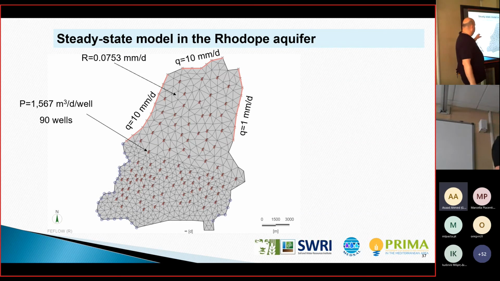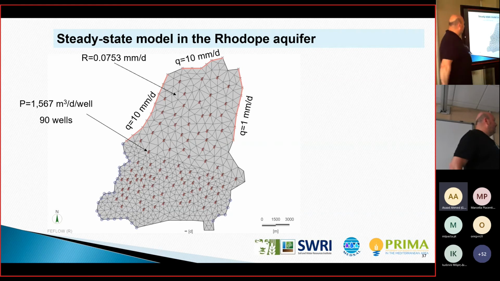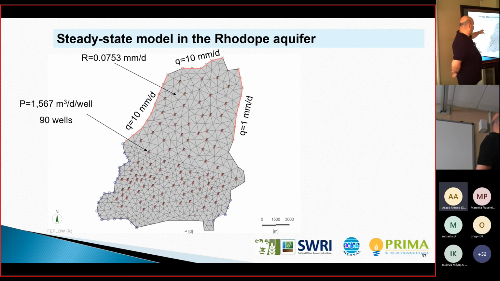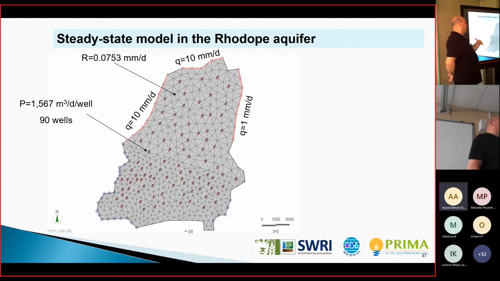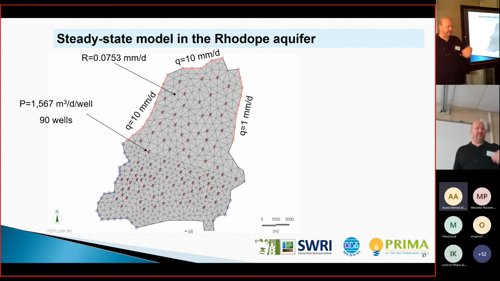We also have pumping from 90 wells, as we can see, with a constant abstraction rate, cubic meter per day per well. And this abstraction is only from the confined aquifer. It's not from the unconfined aquifer.